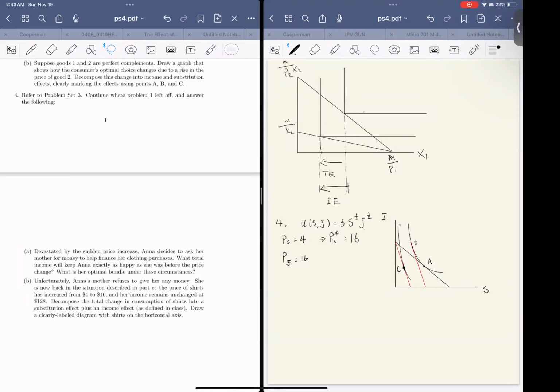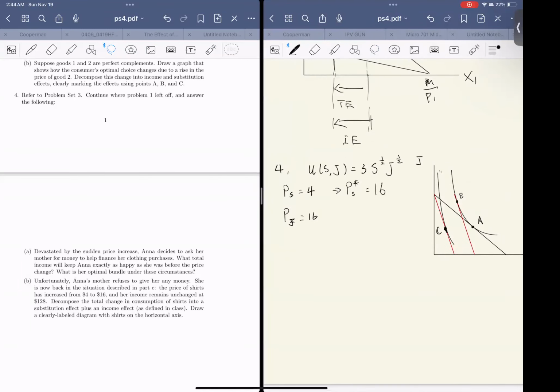Okay. So from previous problem set 3, PS3, we get the first bundle, bundle A: four shirts and 16 jeans, with budget equals... one what?